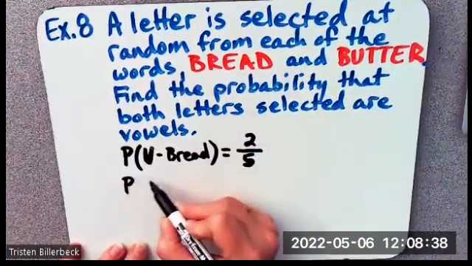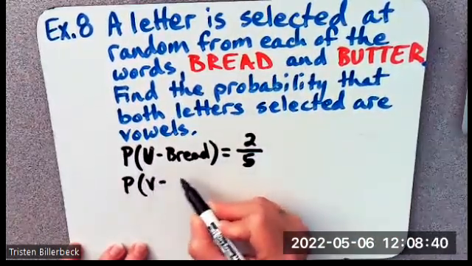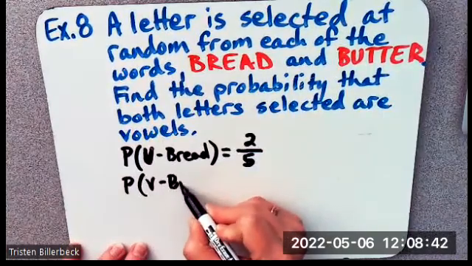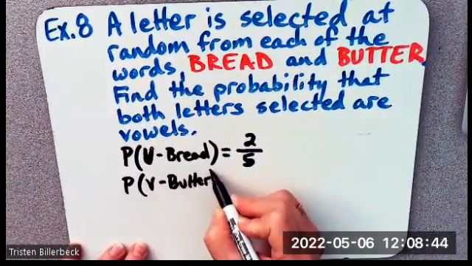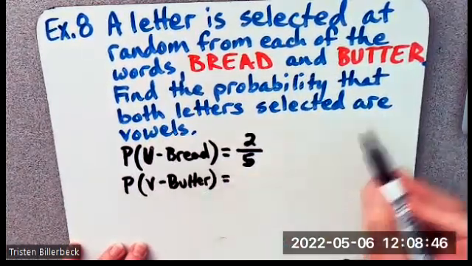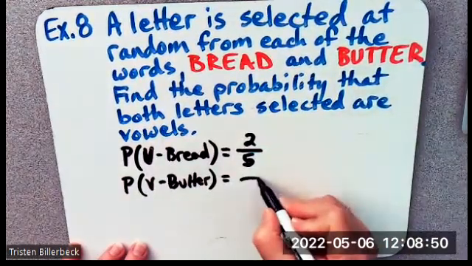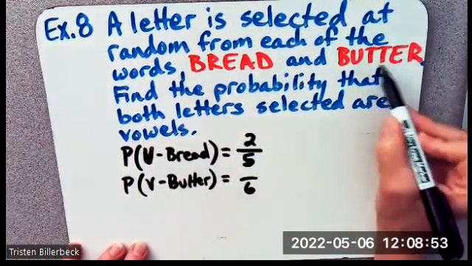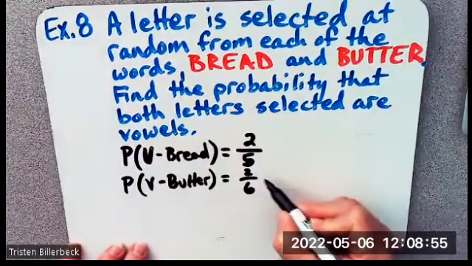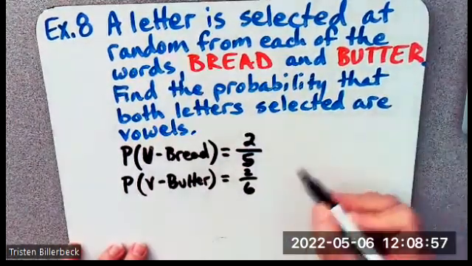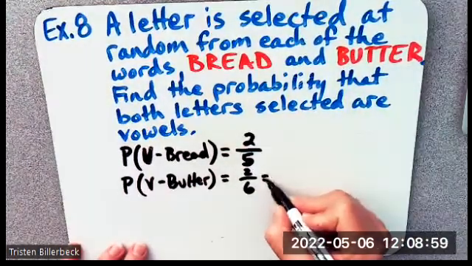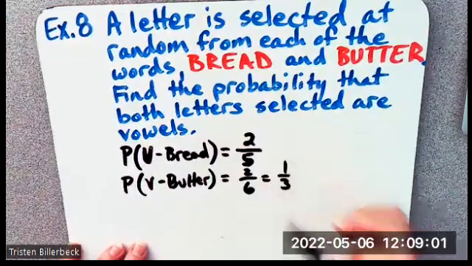So then we look at the probability of a vowel in butter. So we have 1, 2, 3, 4, 5, 6 letters. And we have 2 vowels, U and E. So this is going to reduce to 1/3.